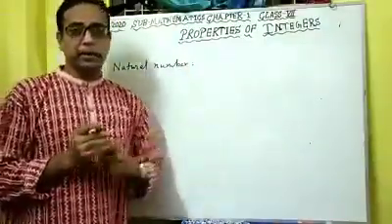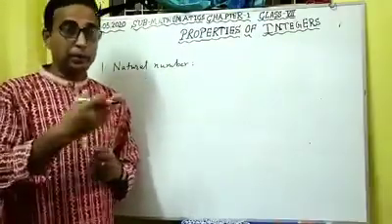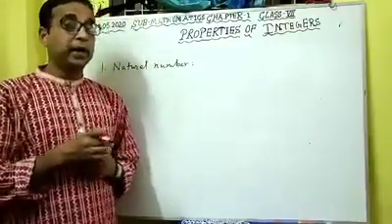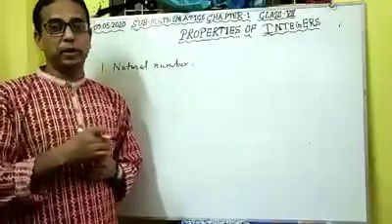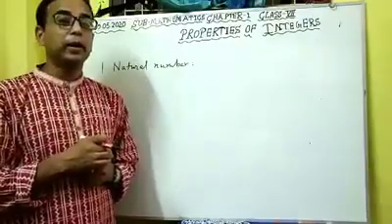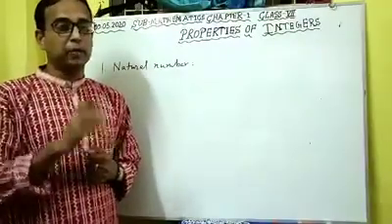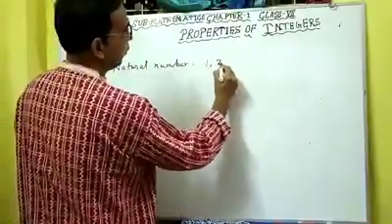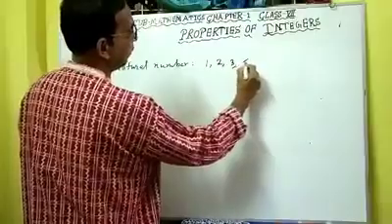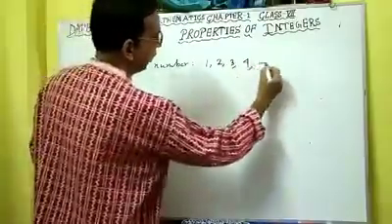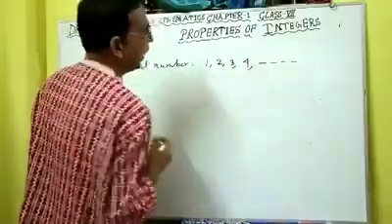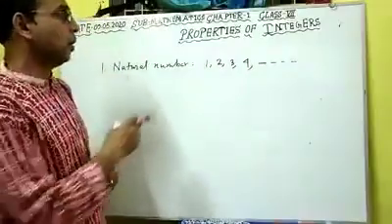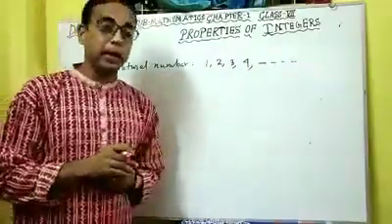What are natural numbers? The numbers that are used to count are called natural numbers. For example, 1, 2, 3, 4 and so on are the examples of natural numbers.